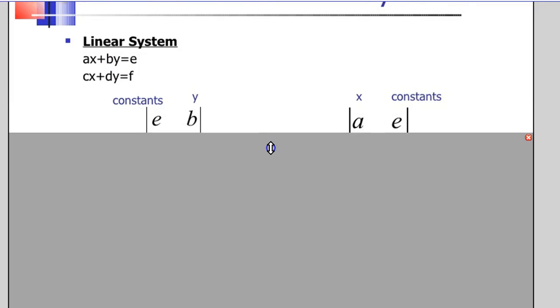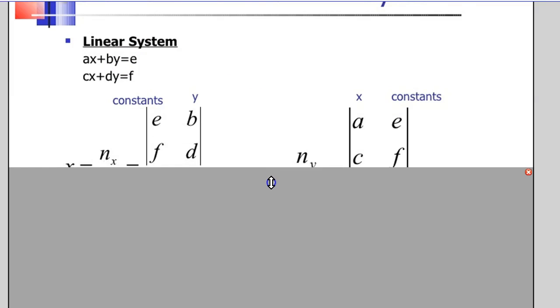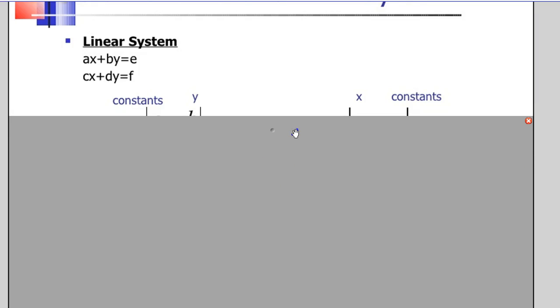In this case, to make things simple, we're going to call our F matrix our coefficient matrix. So A, B, C, D is a coefficient matrix. Our X matrix is X and Y, and our right-hand side matrix is E and F.